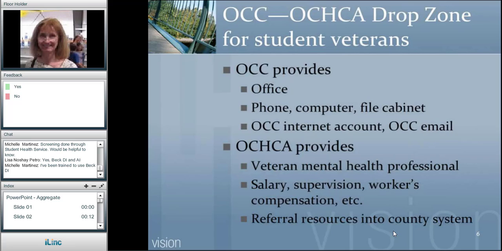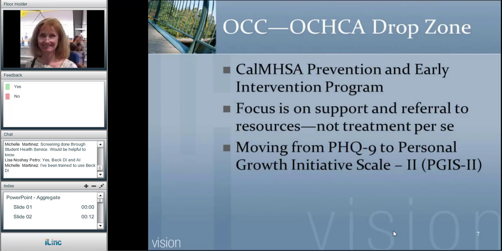So then we have him on campus at least 12 hours a week. His salary, supervision, and all that is taken care of by the healthcare agency. And then he is a direct conduit into the county mental health system for our veteran students, and also able to make other referrals for student veterans. I should add as well that any veteran who's a college student is eligible to come and see Ron here.